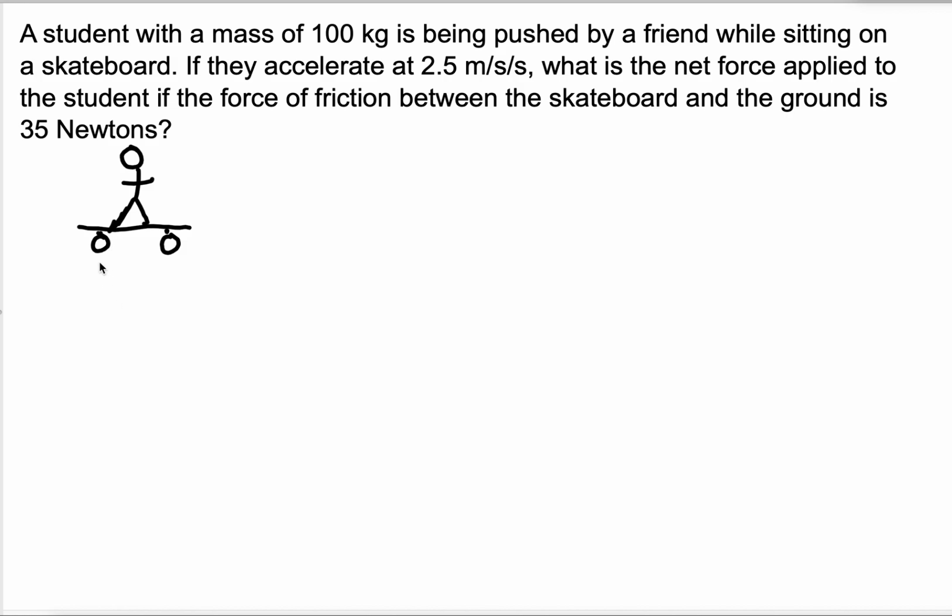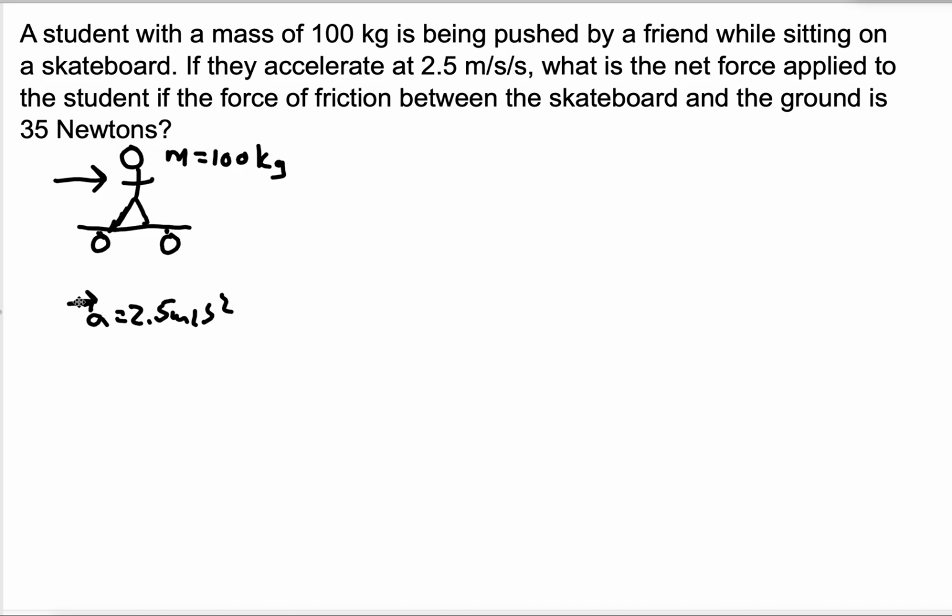Nice. All right. So I have a student here, you guys, on the skateboard, and they have a mass of 100 kilograms. They're being pushed by the friend, and they're accelerating at 2.5 meters per second every second. The acceleration will be in the same direction we're being pushed.